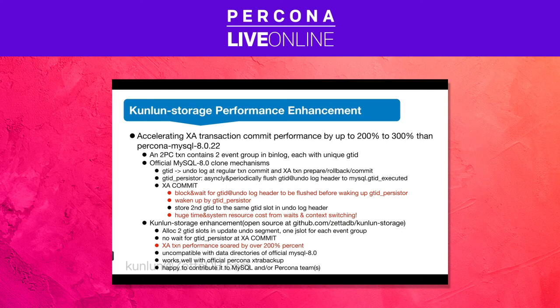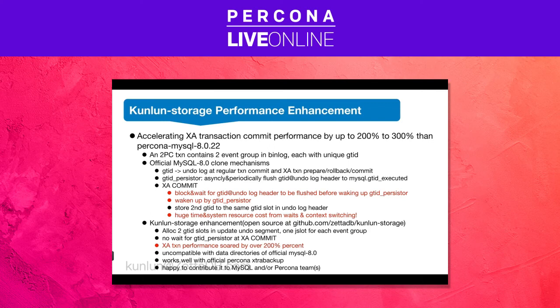Then the worker thread can store the second GTID to the same GTID slot in its update undo log header. This is a huge time and system resource cost from waits and context switching.